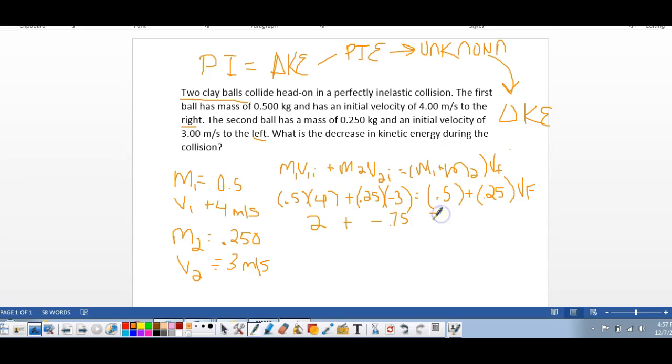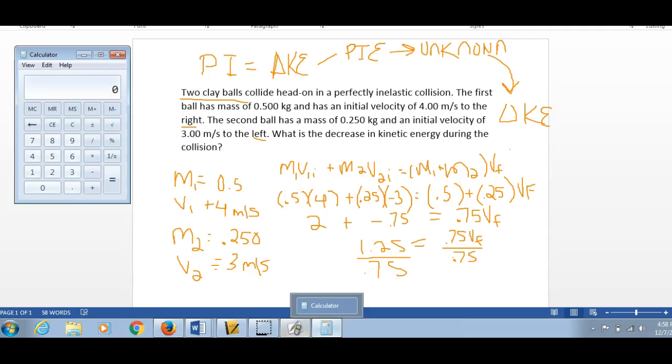And then that equals 0.75 v final. Then we do this, and it gives us 1.25 equals 0.75 v final. Do the math, so we're going to divide by 0.75 on both sides. And then we get our answer.